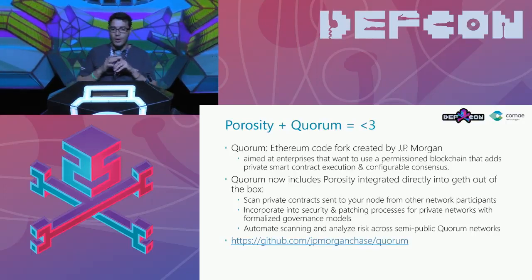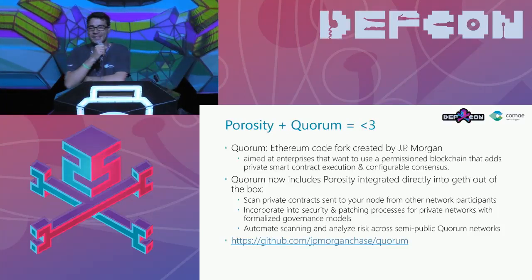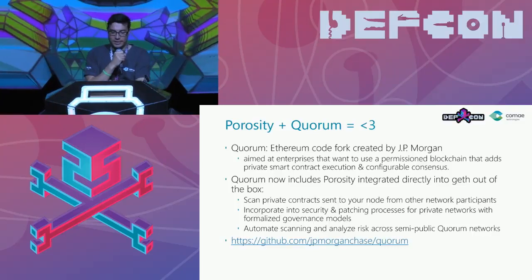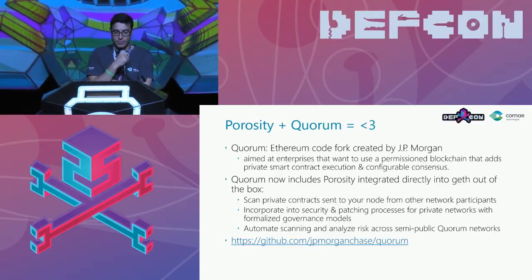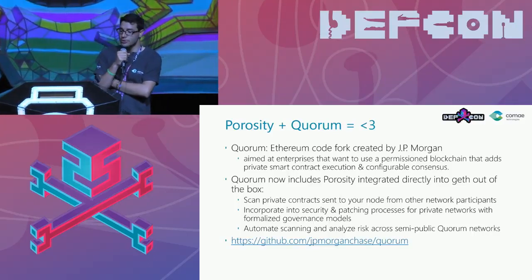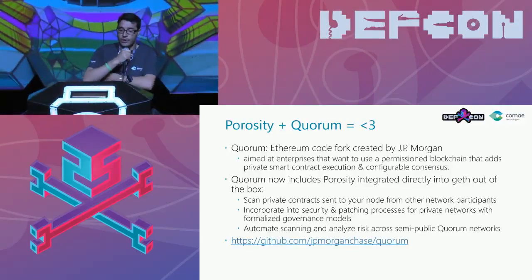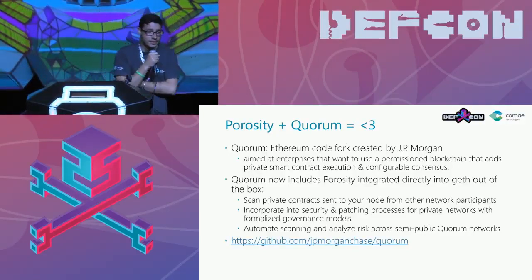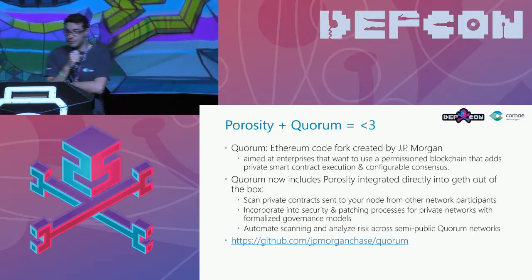The Quorum team is here, so I don't know if you guys want to stand up. I don't know if people are going to see, but that's a pretty cool project. We see a lot of stuff happening around Ethereum, which is pretty cool. And this week, Quorum just released a bundle to integrate Porosity to check nodes inside the actual network. So that's pretty cool too.